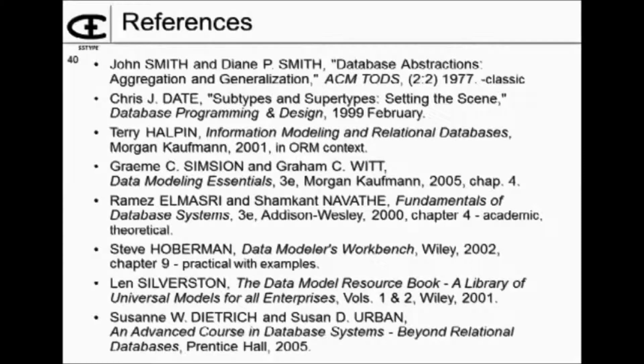Last thing, I mentioned the Smith and Smith paper. That was the one that sort of kicked off this whole notion of abstractions. Chris Date's paper on subtype supertypes, Halpin's text, Simpson's text, and others have talked about this too.